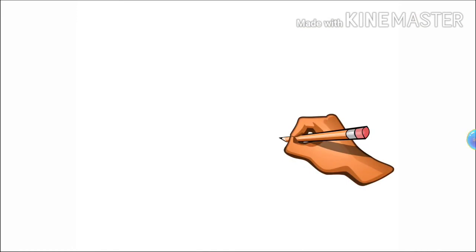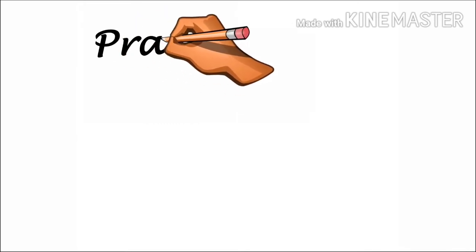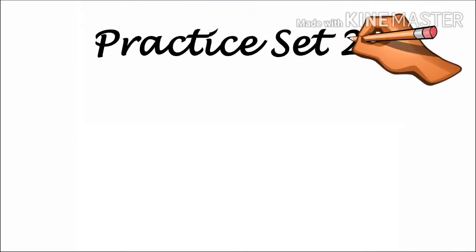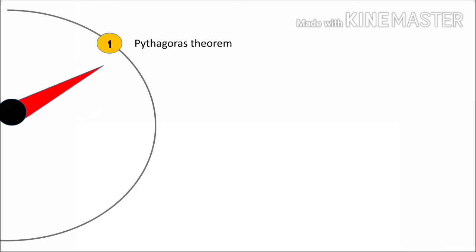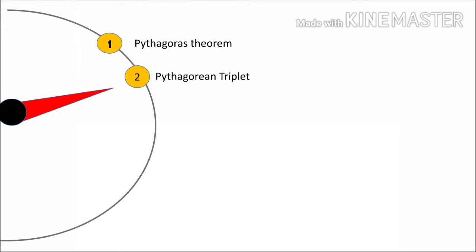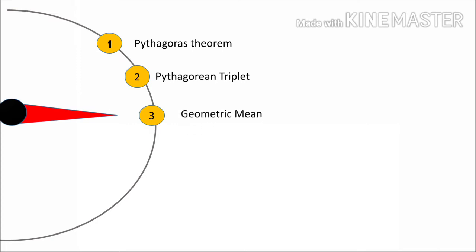Hello everyone. In a previous video, we covered practice set 2.1 question number 1 to 5. In those five sums, the properties used are Pythagorean triplet, property of geometric mean, theorem of 30 degree, 60 degree, 90 degree triangle, and theorem of 45 degree, 45 degree, 90 degree triangle.